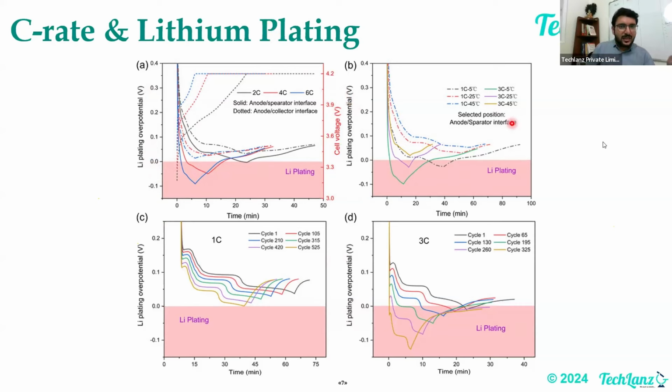After 300 cycles, this lithium potential is extremely high. That means the same battery pack which was safe to charge at high C rate when it was new is not safe anymore when the battery pack is old. Are you understanding this?